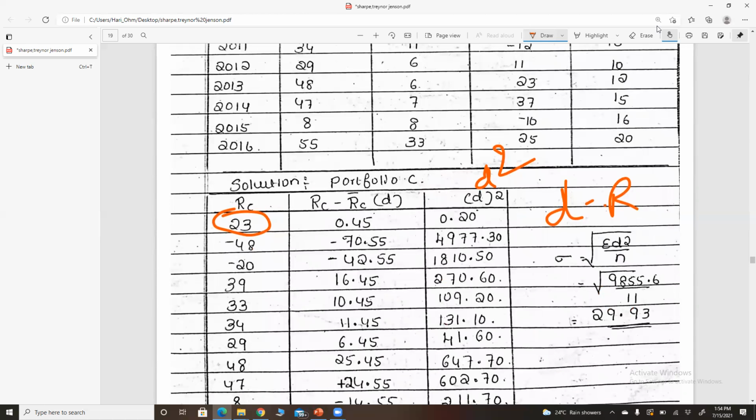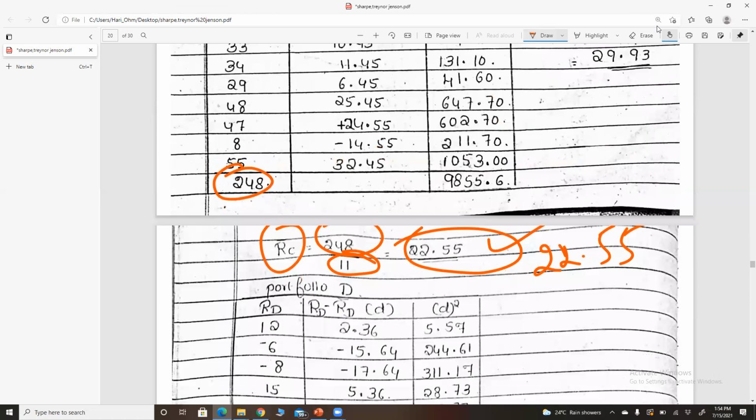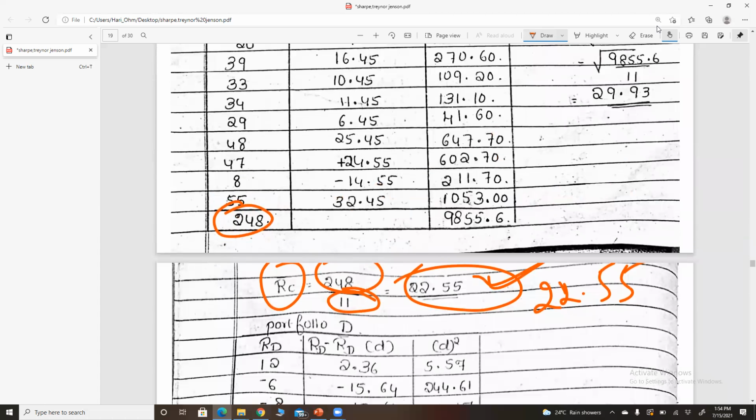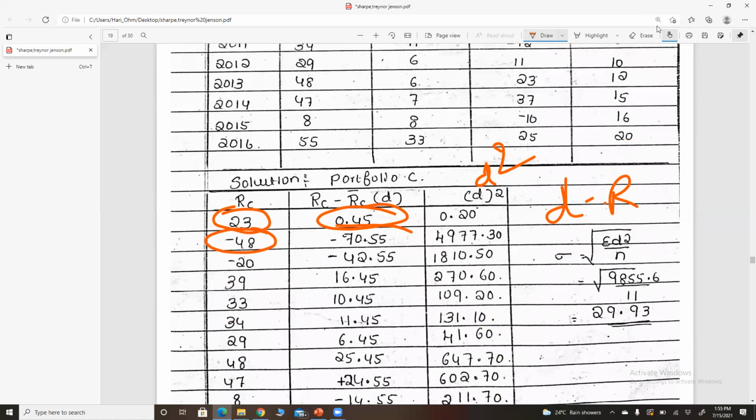So 23 minus 22.55, the answer is 0.45. Like that, minus 48 minus 22.55, the answer is minus 70.55. Like that, calculate for all, so you get D. Then you have to calculate D square.